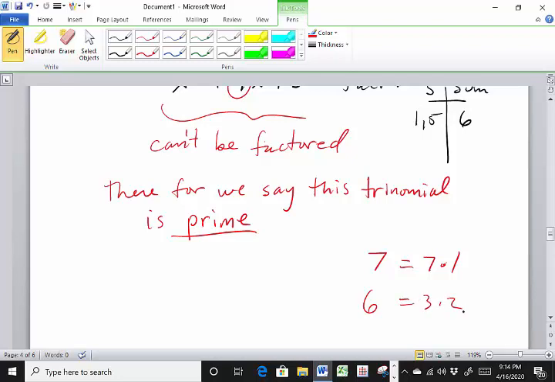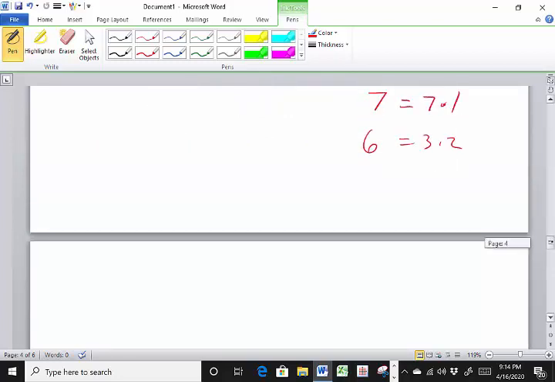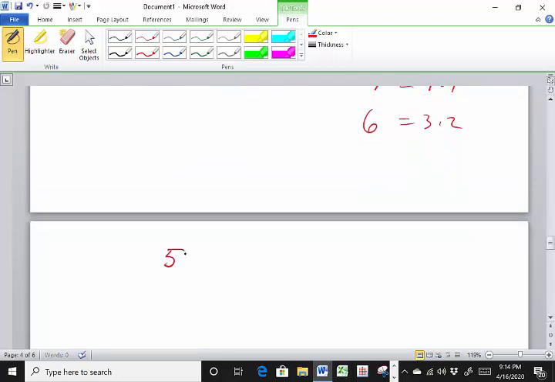So the bottom line is when you have a polynomial that can't be factored, whether it's a binomial, a trinomial, or any type of general polynomial, you would say that it's prime. So in other words, if we go back to the last section, and I said, factor this, 5x plus 4. So this is just a binomial, or I can even put 5x squared plus 4.